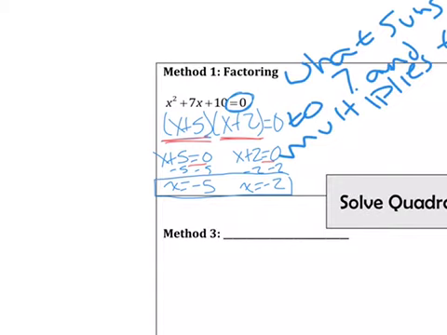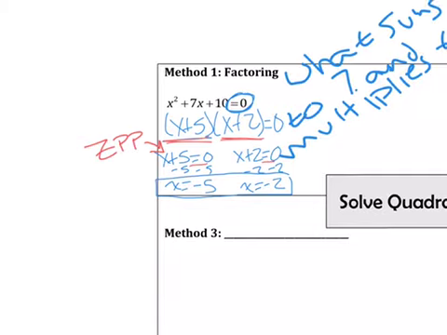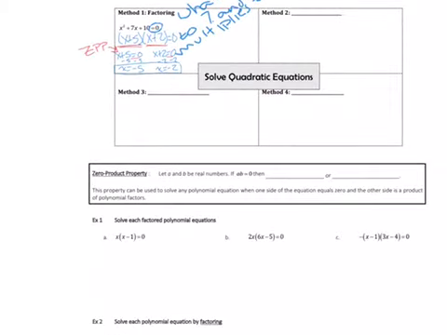I'm going to abbreviate that with ZPP. So that is the zero product property, making those two binomials and setting them equal to 0. So for that question, both negative 5 and negative 2 are going to be your answers. X equals negative 5 and x equals negative 2. Let's move forward with that.